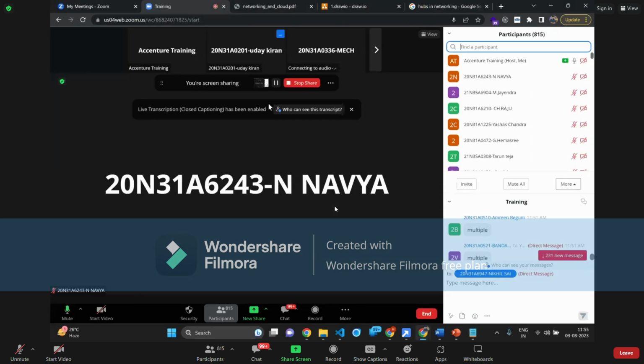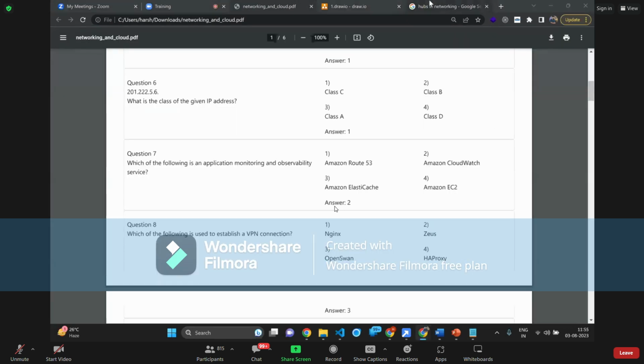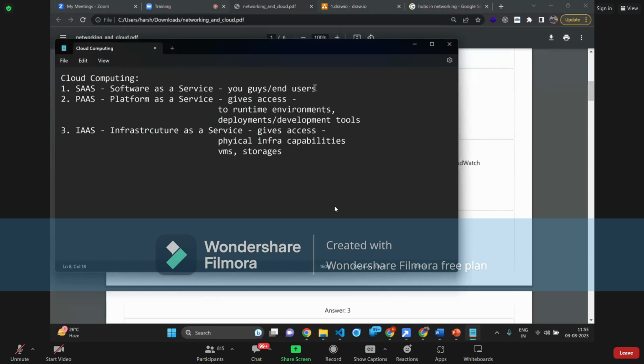So what software as a service basically is, it is an application that you, we, and I all use, right? Platform as a service helps to give you a runtime environment or development and deployment tools, using which you can build a software as a service. Infrastructure as a service gives access to physical resources.